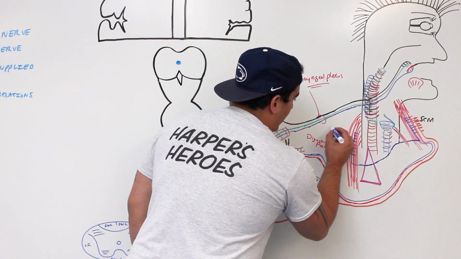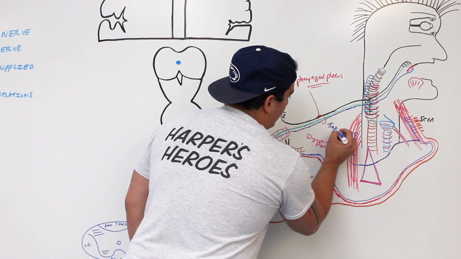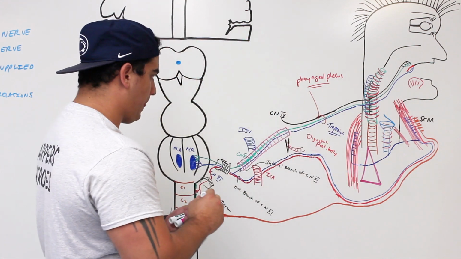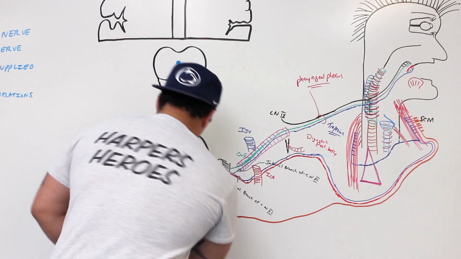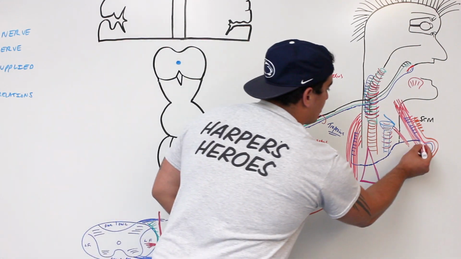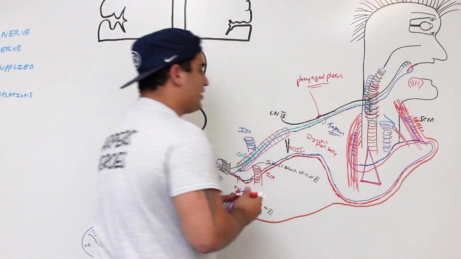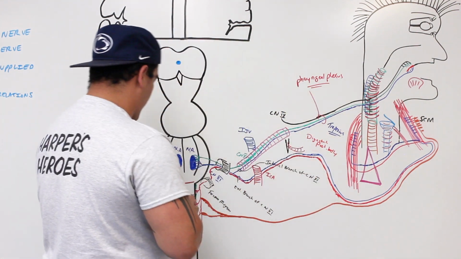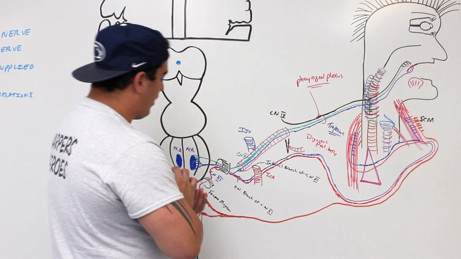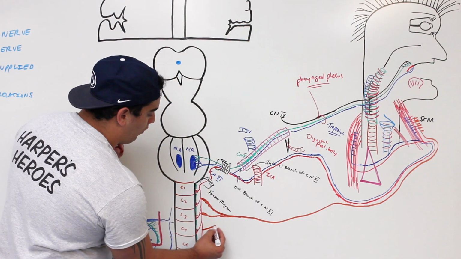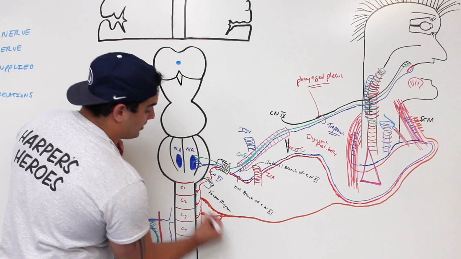So what is this muscle right here called? This is called the trapezius. Something else weird happens here too. We're also going to have these fibers moving this way, just for the sake of being consistent. But now something else happens. Another ventral ramus, particularly from C4, comes out here.